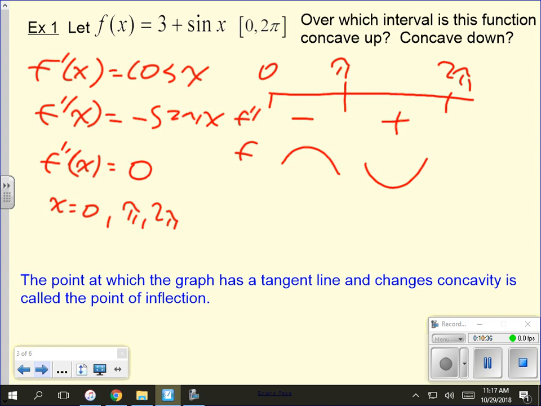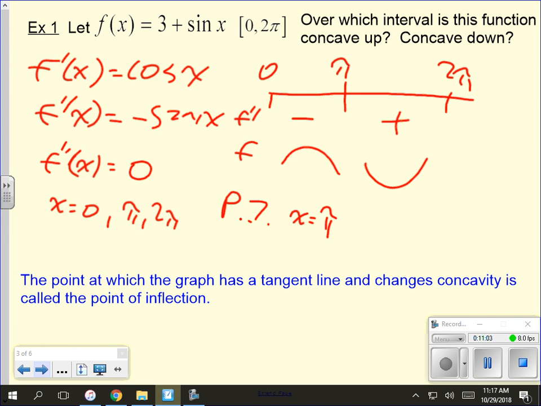All you're looking for is where it changes concavity. For this one, the point of inflection is x equals pi. That's where I change concavity. I go from concave down to concave up, from curving down to curving up at that point.